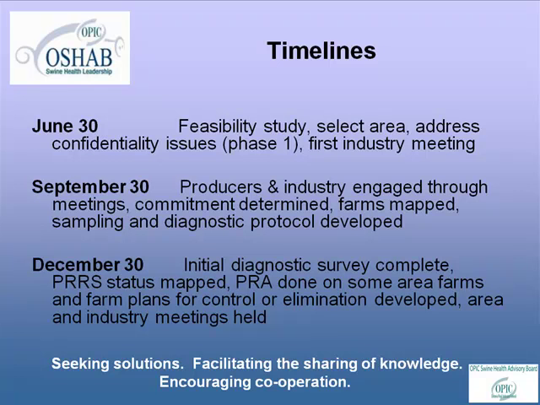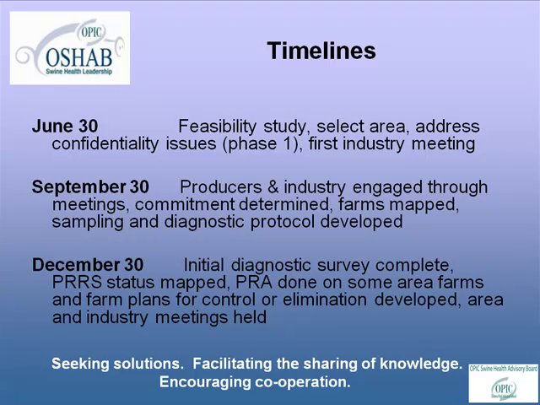So in terms of timelines, by the end of June, we're hoping to have the study completed so that we've selected the area and that we've been able to define what we want for the consent release form and get that started. And we've already had our first industry meeting. And then by the 30th, we want them to be engaged. We'll have other meetings. We'll know who's sort of with us and who's not.